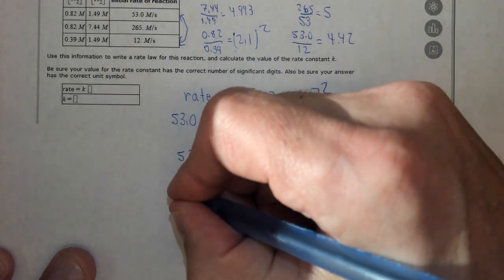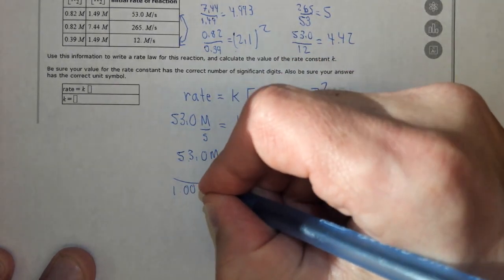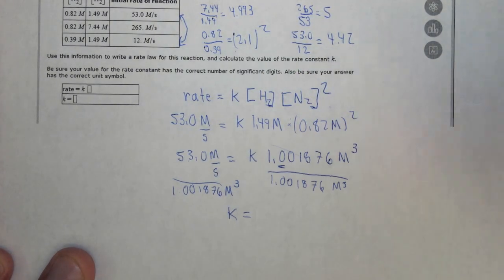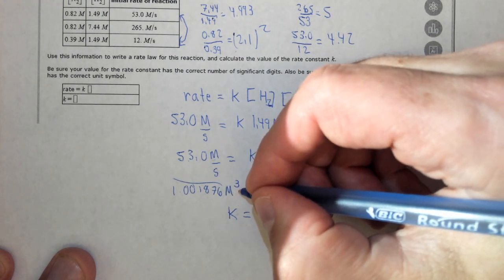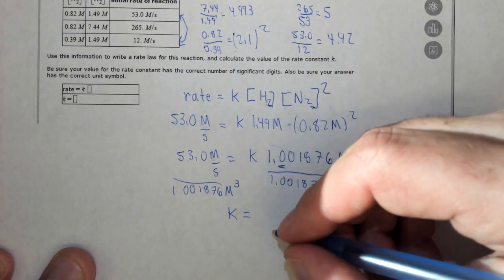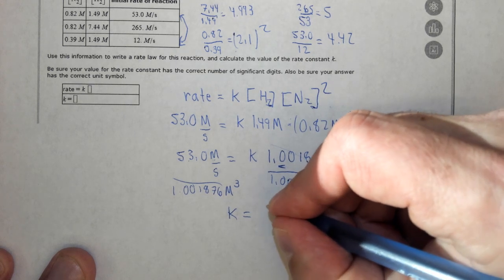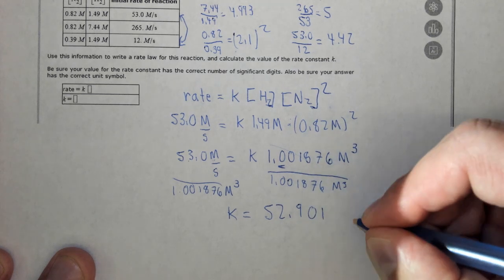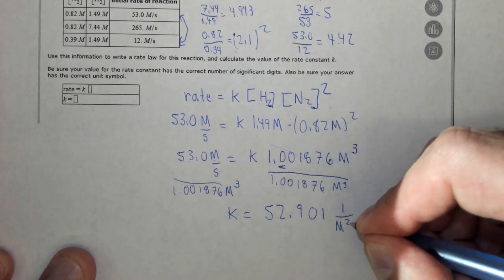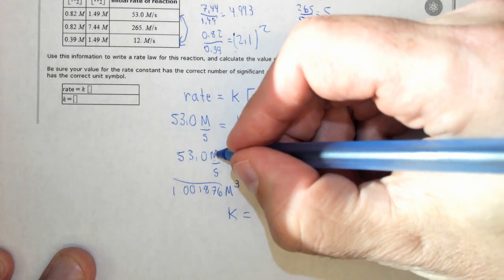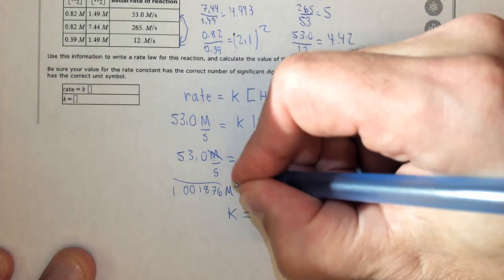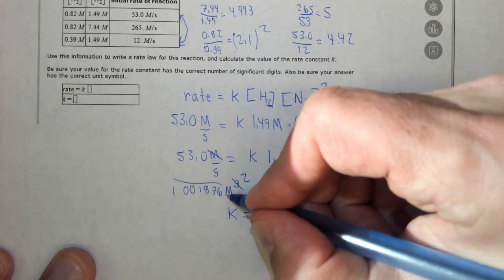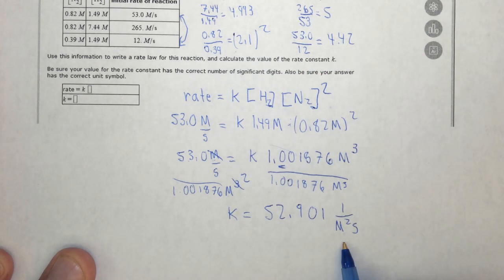And over here, k equals, 1 molarity cancels out, I'm left with molarity squared and seconds on the bottom, 52.901, 1 over M squared s. Again, I had M on the top and 3 M's on the bottom, so that goes to 2. And then I have M squared s on the bottom, like this.